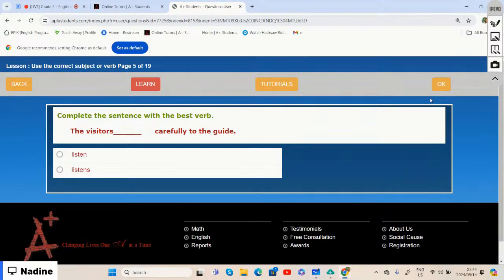The visitors. Do we say the visitors listen carefully to the guide, or do we say the visitors listens carefully to the guide?